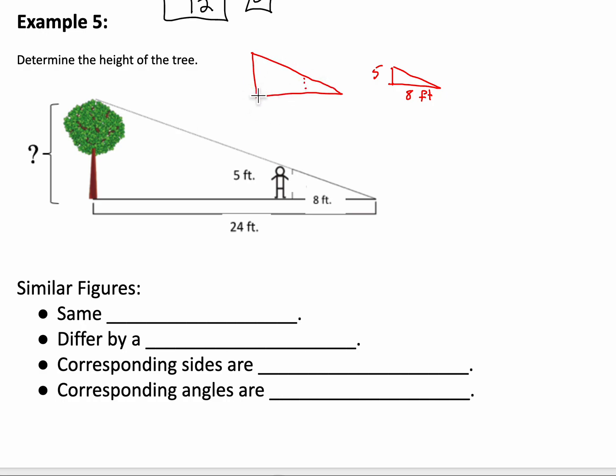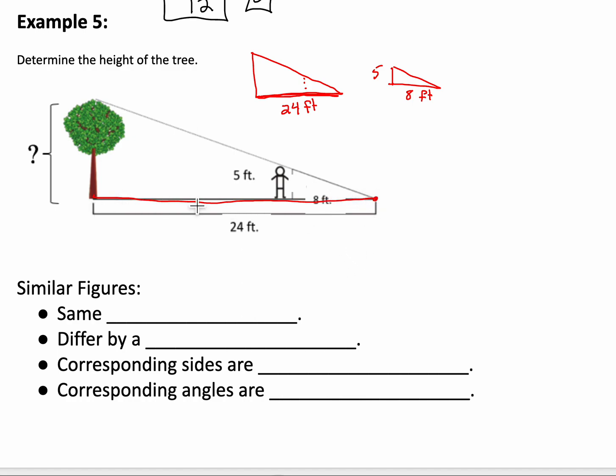So this bottom length is 24 feet. That's how long that is from the tree right here, all the way past the person to this point.